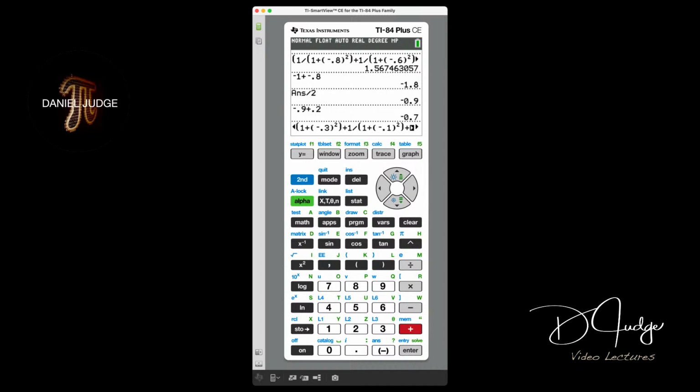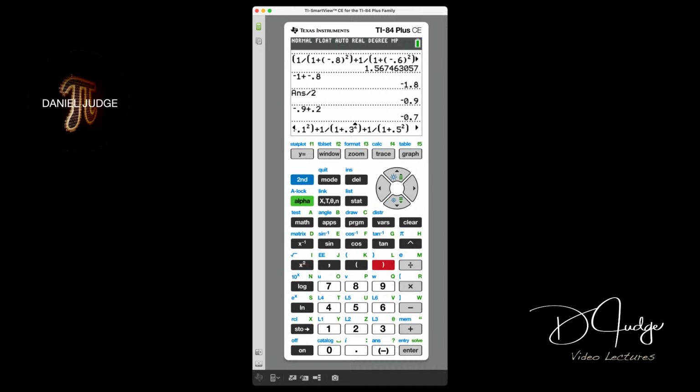So plus 1 divided by, parentheses, 1 plus 0.1 square. Close that. Plus 1 divided by 1 plus 0.3. Square this, and you close it. Plus 1 divided by 1 plus 0.5 and square that.